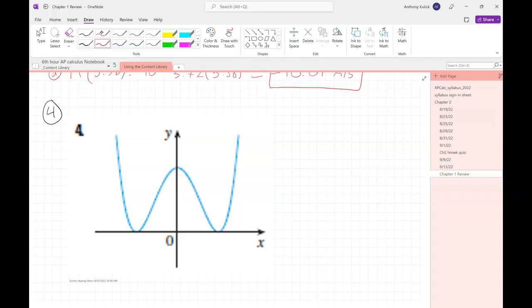So if I look at this, again, the first place I'm going to look are for places where the derivative is 0. I see 3 of those, right? At this value of x, at this value of x, and this value of x, the derivative should be 0. I don't see any place where the derivative is going to be undefined. So I know I don't have to worry about any discontinuity here, right?